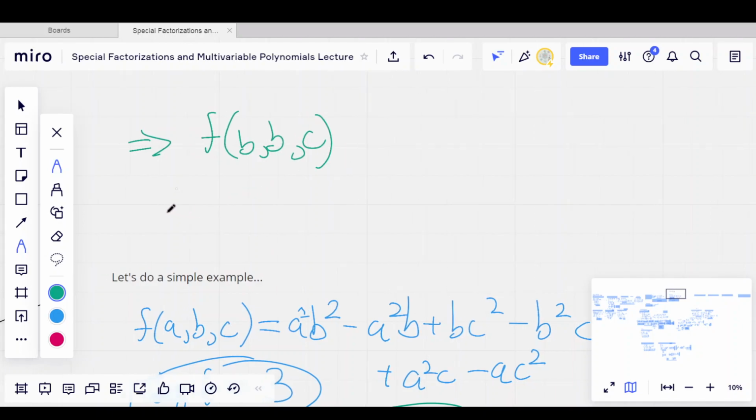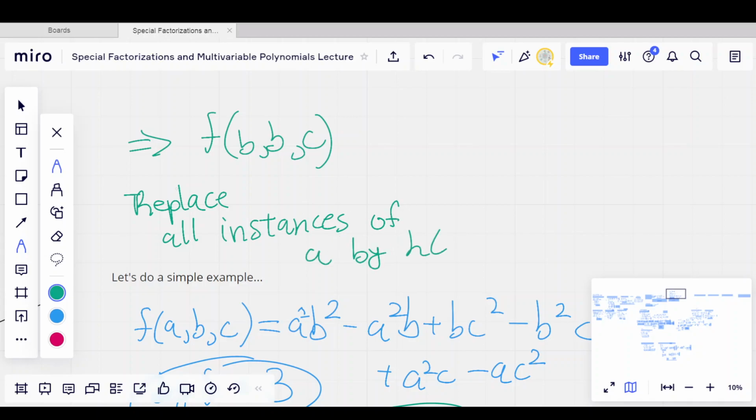In other words, we're replacing all instances of a. I'll write this out. So replace all instances of a by h of b.